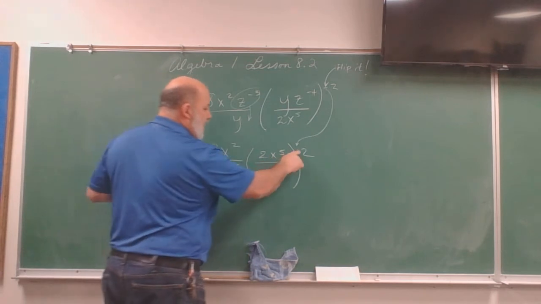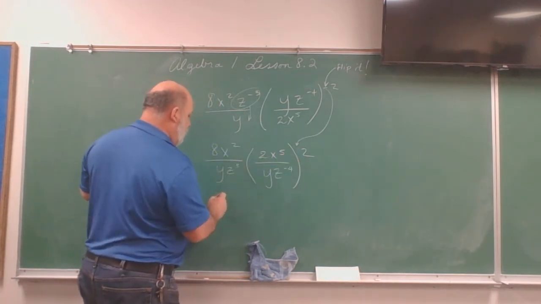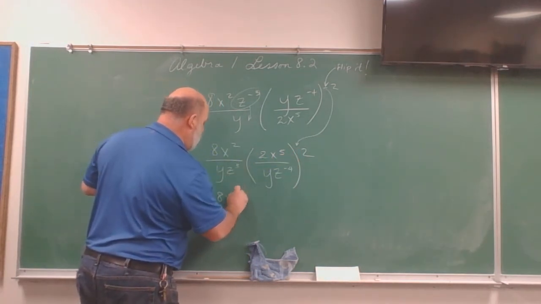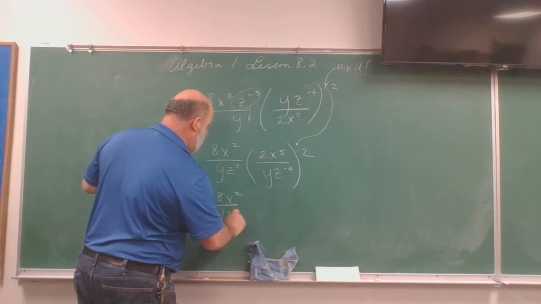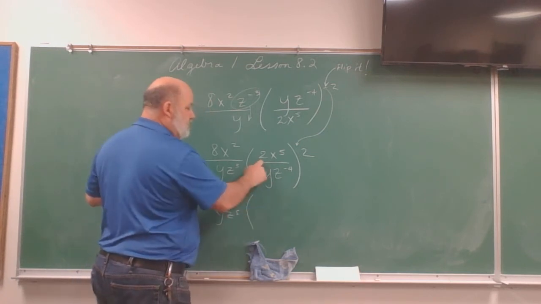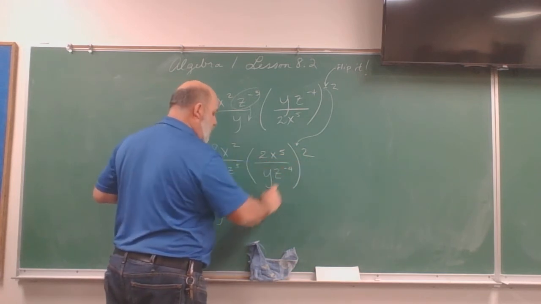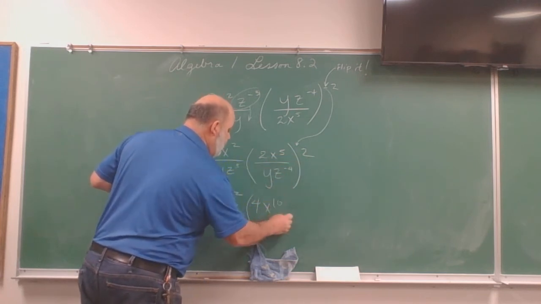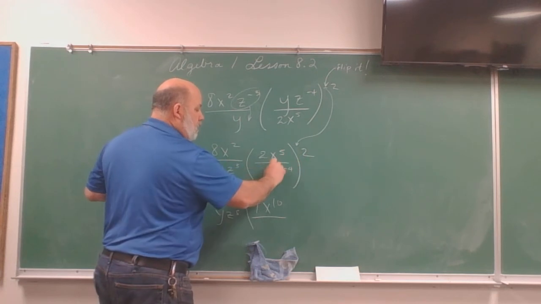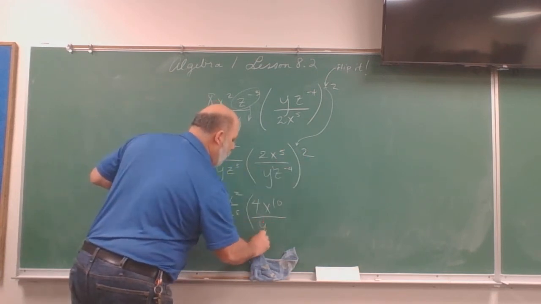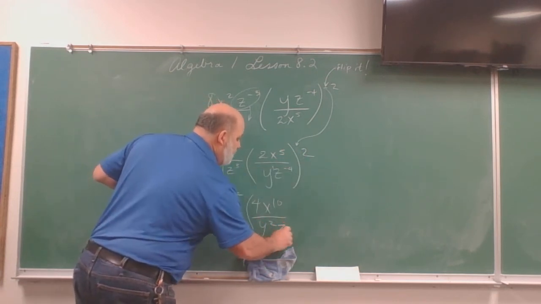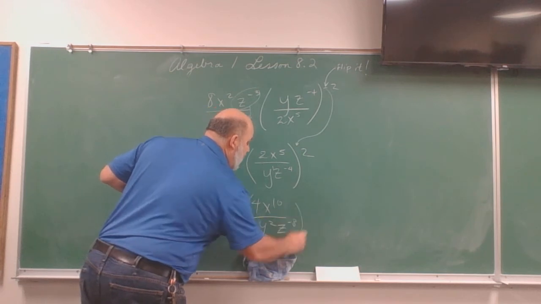That means everything in here gets squared. So I still have the 8x squared, the y z to the 5th, but 2 squared is 4. X to the 5th quantity squared gives me x to the 10th. Y to the 1 and 2, I get y squared, and I get z to the negative 8 power.